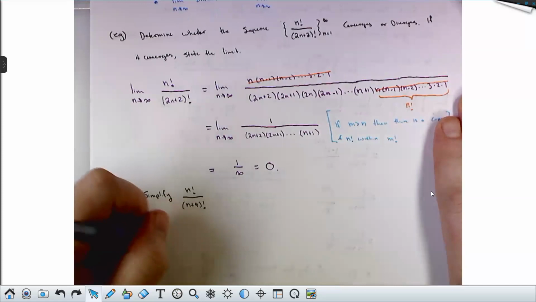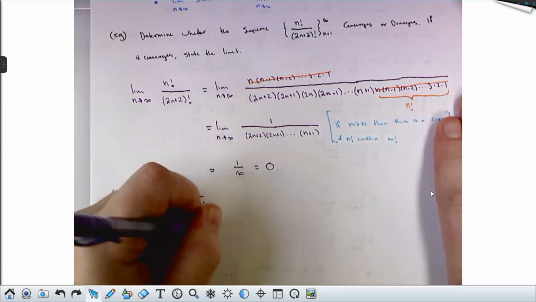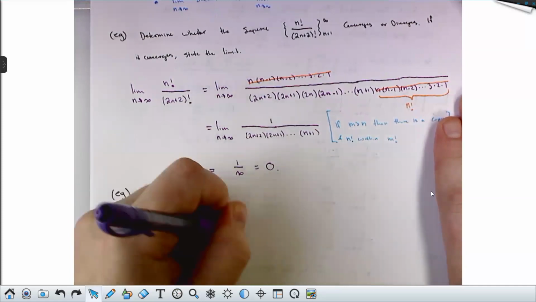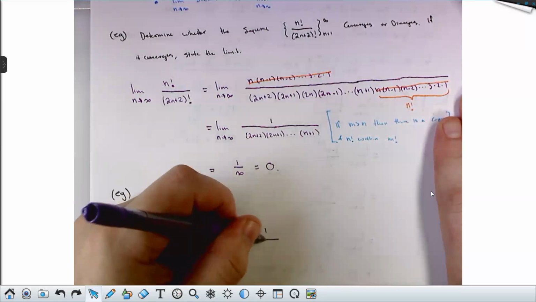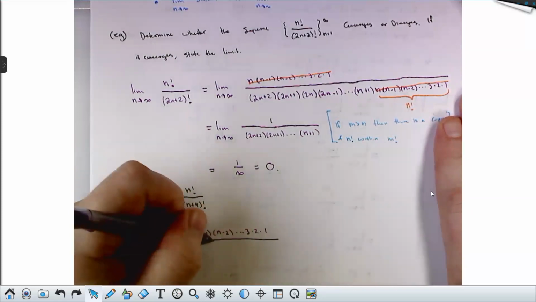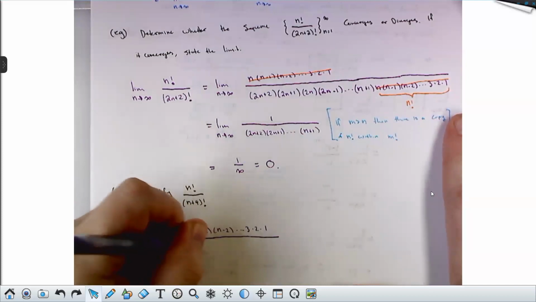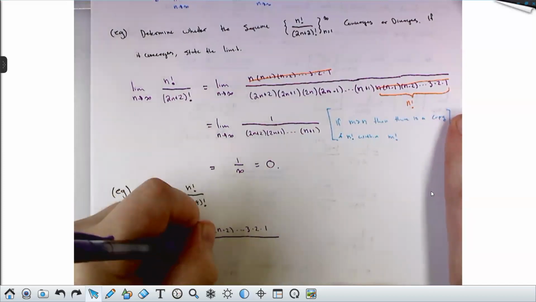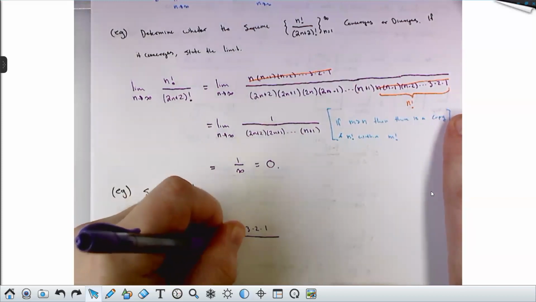So the factorial of n is n times n minus 1 times n minus 2, all the way down to 3 times 2 times 1. The factorial of n plus 4 would be n plus 4 times the number right beneath it, n plus 3, times n plus 2.